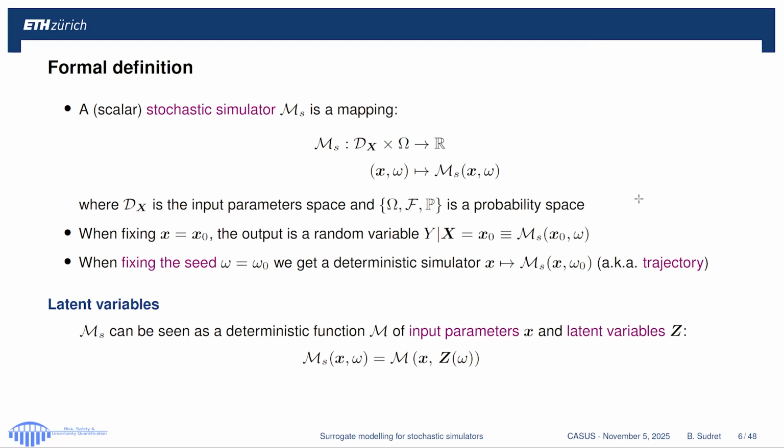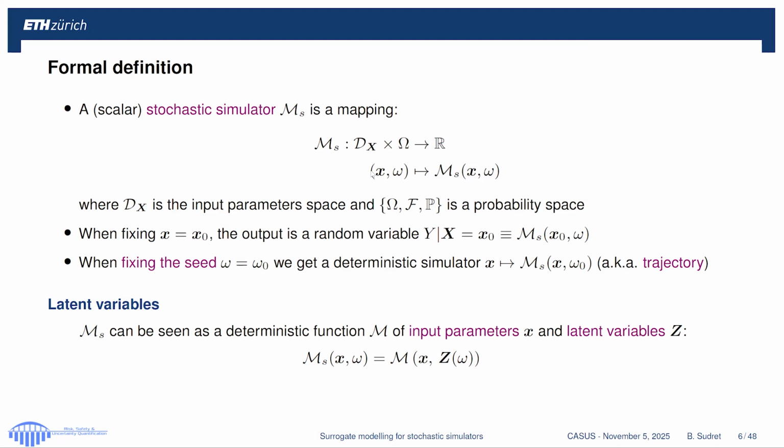So if now we define some mathematics for these models, instead of just being a mapping from a set of parameters to, let's say, a vector output, or just one scalar output here for simplicity in presentation, now a stochastic simulator maps parameters and a probability space to some quantity, which is a random variable.